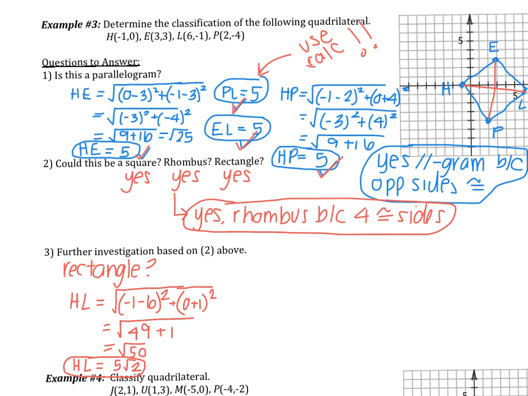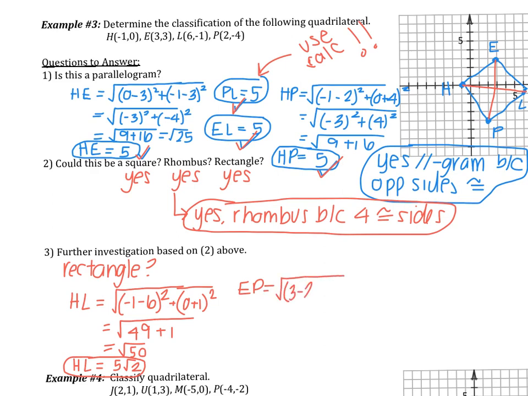Now, if you want to prove that it is congruent to diagonal EP, if you used your calculator, it will not give you that square root. So be aware, it will give you a decimal, and you need to verify that it's the same. If you don't want to deal with any of that, just do distance formula again. You're going to be an expert at it by now.